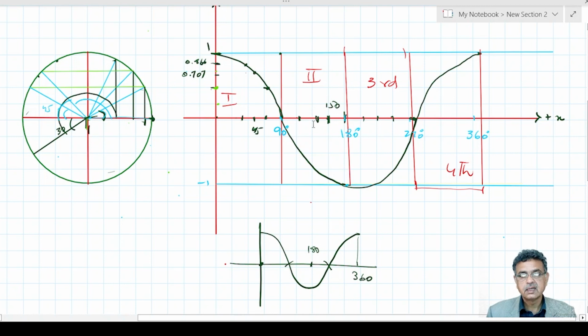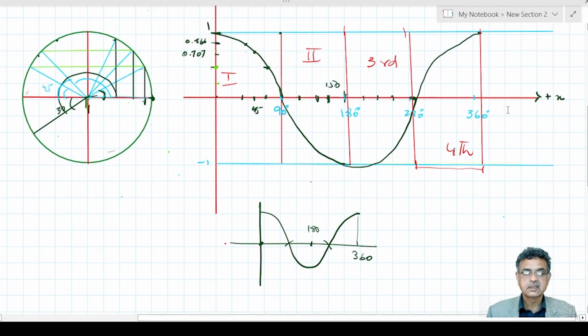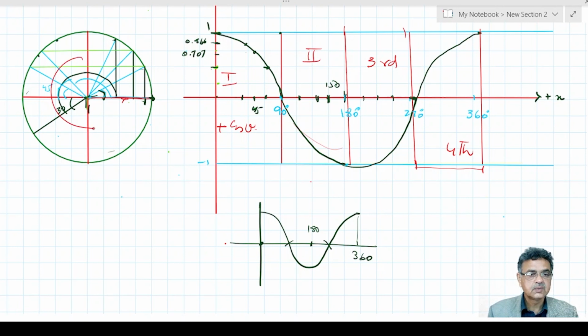Now from this graph, once again you can observe that cos theta is positive in the first quadrant, and in the second and third cos theta is negative, and once again it is positive in the fourth quadrant. In the first quadrant cos theta is positive, the reason being that it is towards the right, and in the second and third quadrants, as it moves towards the left, its graph is downwards.